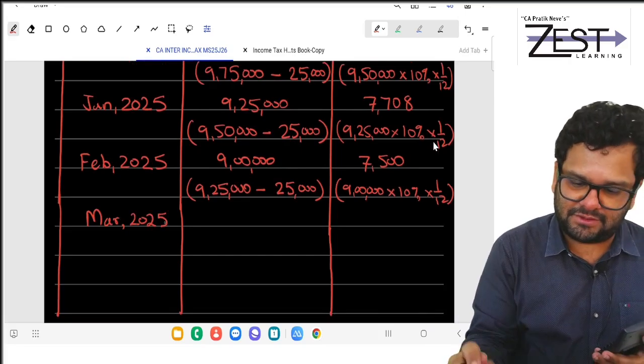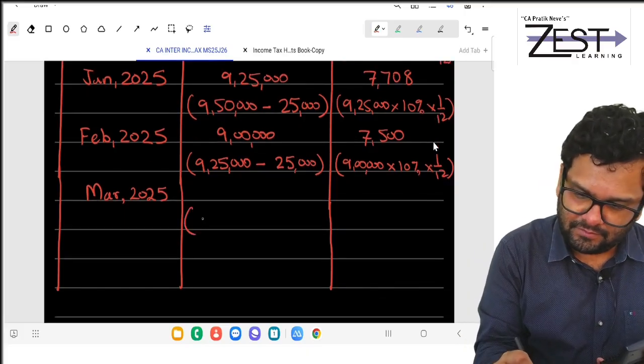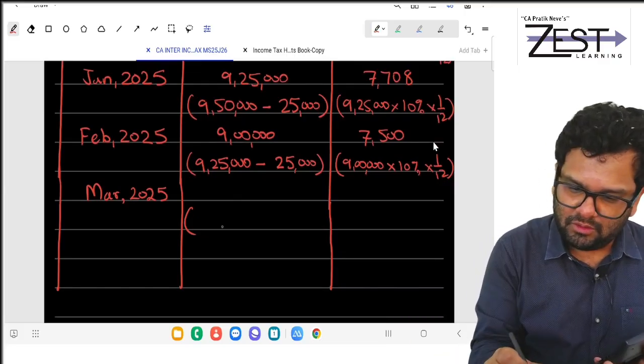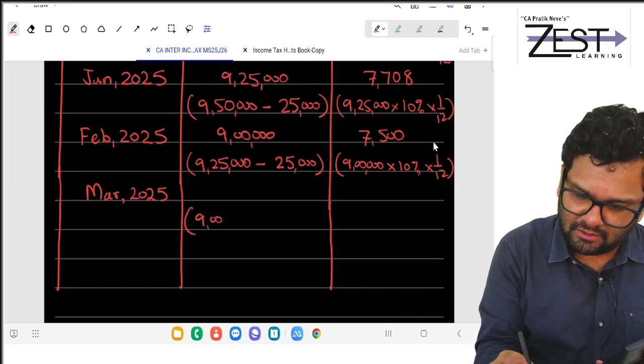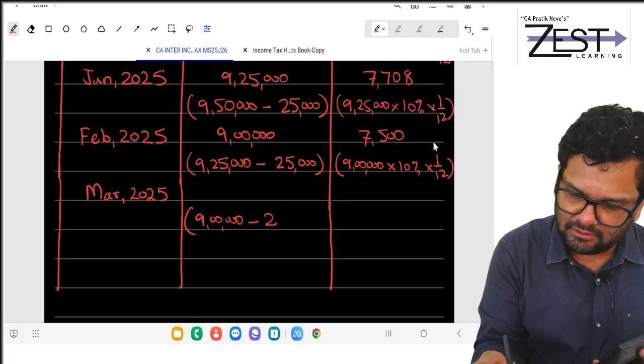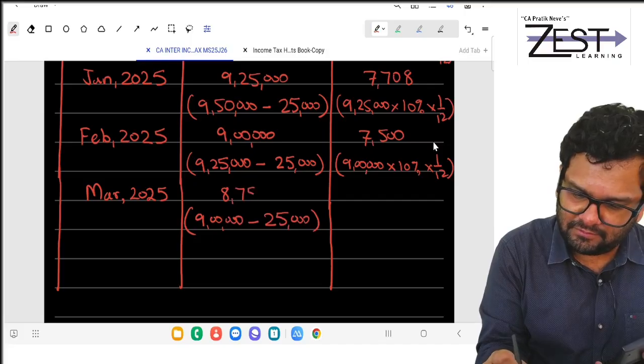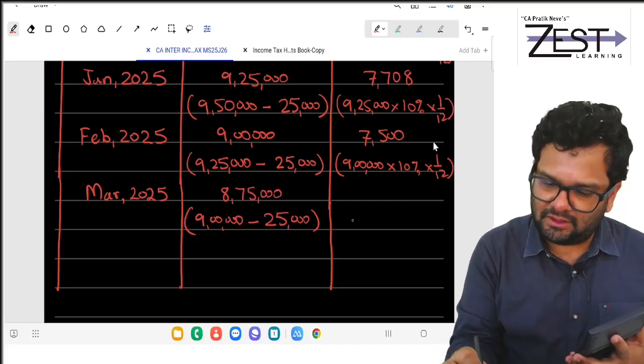And finally, in March 2025, what happens? 8 lakh. How? You have 9 lakh outstanding minus 25,000. 8 lakh 75,000.